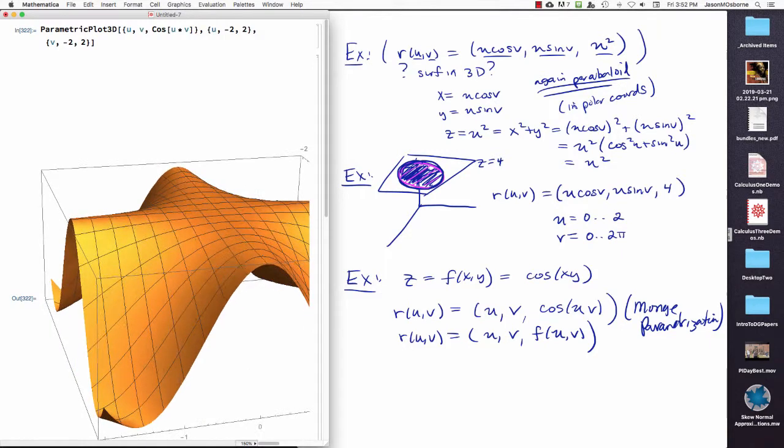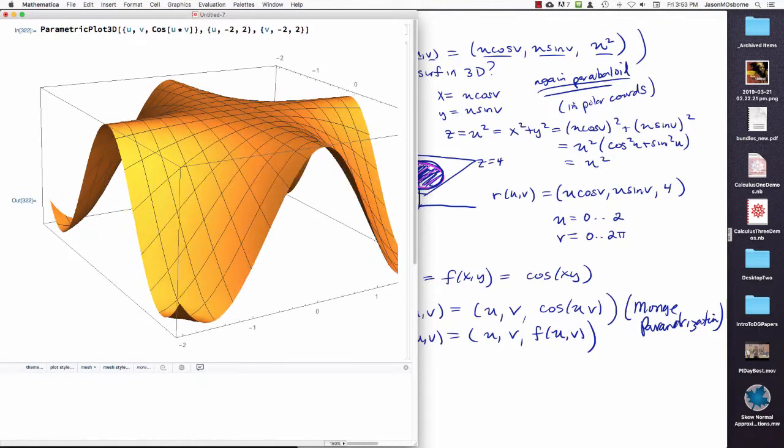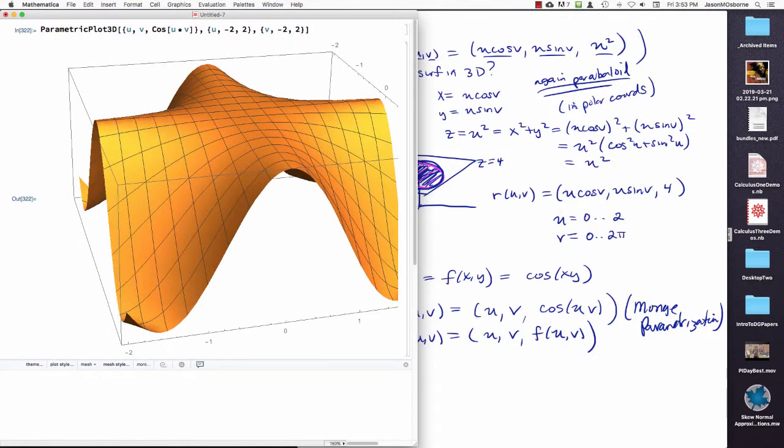Okay. So there is the surface cosine of xy, but described as a parametric surface.